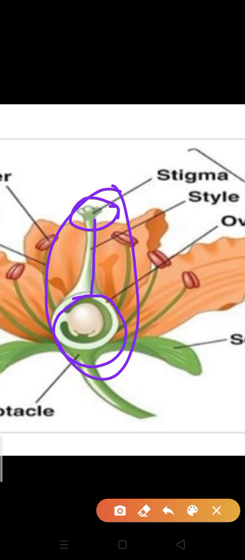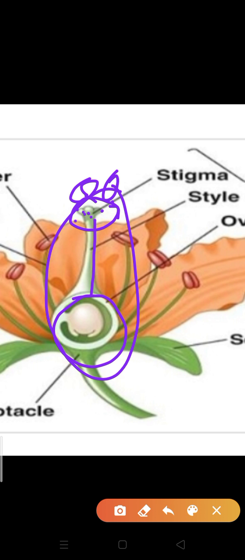The carpel is the female reproductive organ, composed of three parts: stigma, style and ovary. The topmost part is known as the stigma. Clear? The stigma is very helpful for the landing of pollen grains during pollination, and it has a sticky nature so that pollen grains can stick to this area.